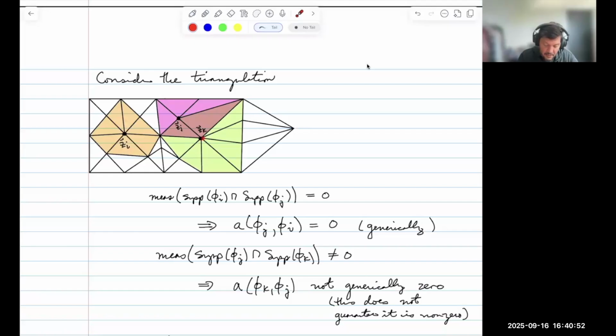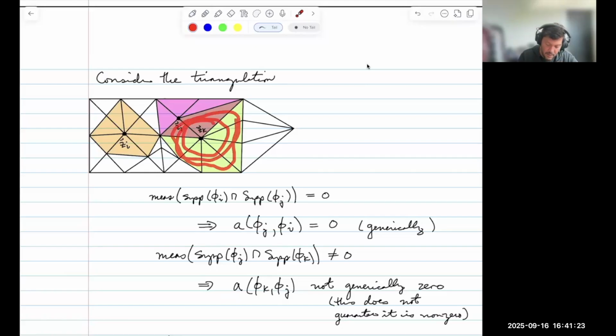Here's one, zk. What does this guy look like? Well, I've shaded its support in green. Its support is the set of all triangles which have zk as one of its vertices. So that's that triangle, that one, that one, that one, that one, this one, and that one. The support of zk is this whole set here.